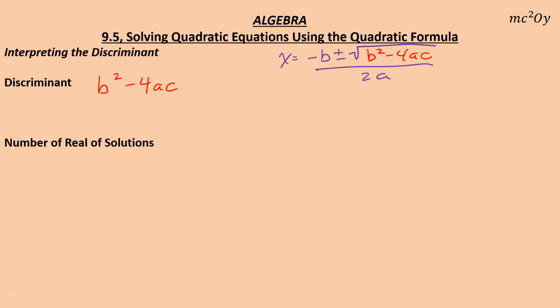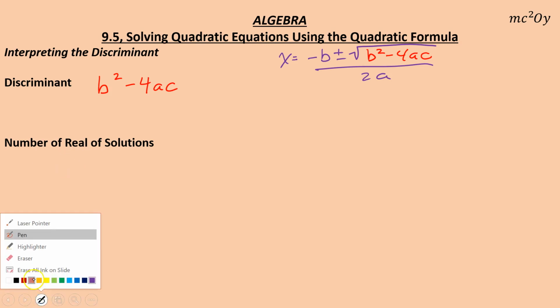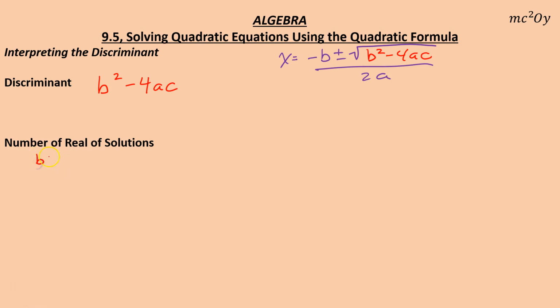Just like we did on that previous page, I'm going to try to stay color coded for us here. Okay, when b squared minus 4ac was, our last problem was negative, equal to a negative number.